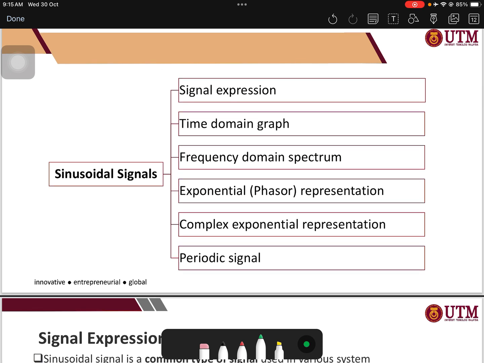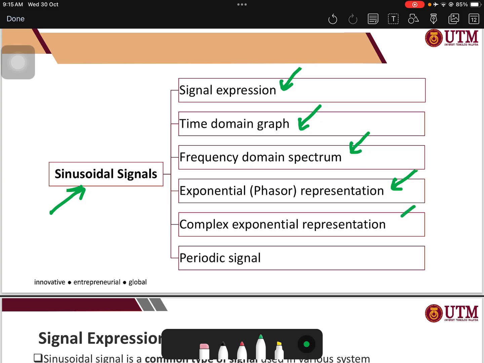When we want to learn about the sinusoidal signal, you have to know the signal expression. You have to know the time domain graph. You have to know the frequency domain spectrum. You have to know how to convert the signal in terms of the phasor representation.